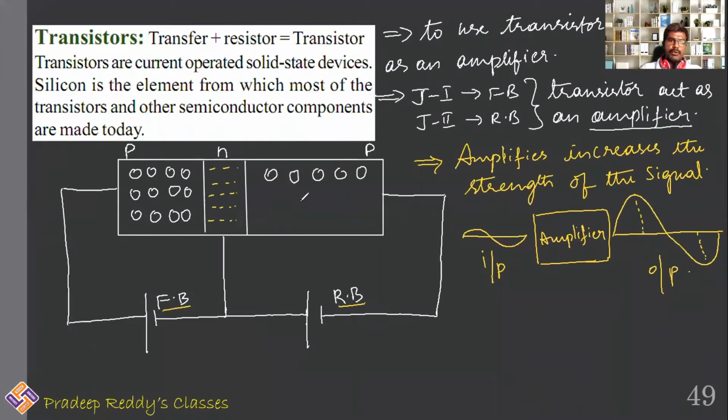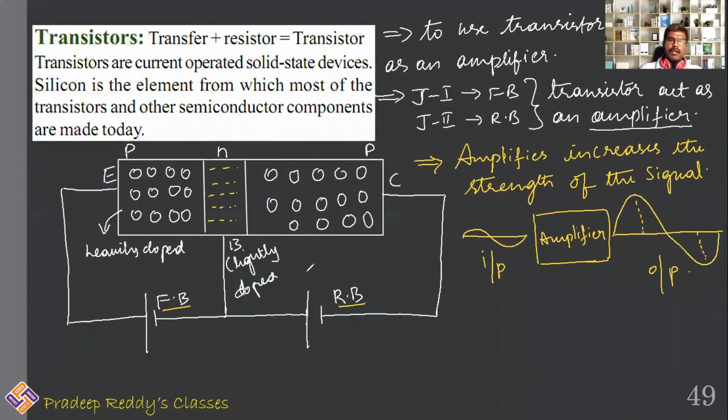As I already told you, the emitter region is heavily doped and the base region is lightly doped. This is the base region, this is the emitter region, and this is the collector region. The emitter is denoted with E, the base with B, and the collector with C. The emitter region is heavily doped, the base region is lightly doped, and the collector region is moderately doped.